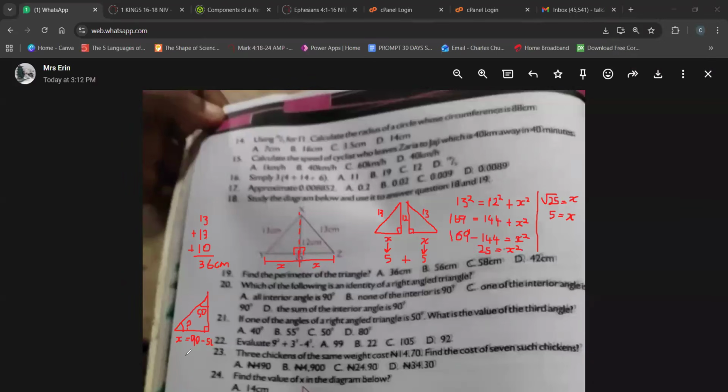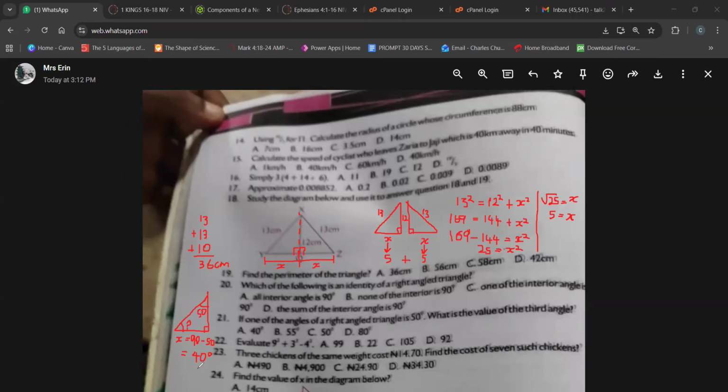Okay, so you can write it in your book like this. 90 minus 50 is equal to what? 40. Please, this thing only applies to a right angle triangle. This thing I'm writing like this only applies to a right angle triangle, because you already know that one of the angles is 90 degrees. So no need to look at that 90 degrees one again.